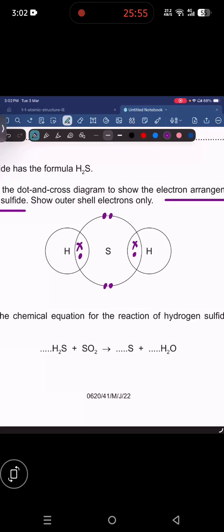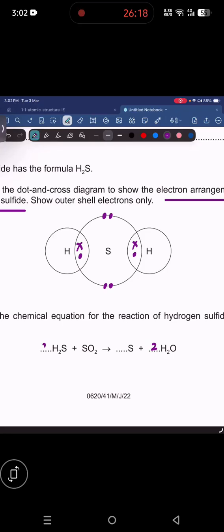So to balance the equation, what we have to do, first of all, two hydrogen are balanced here. Oxygen is not balanced. So to balance the oxygen, we have to place the 2 here. By placing the 2, the number of hydrogen is also increased.